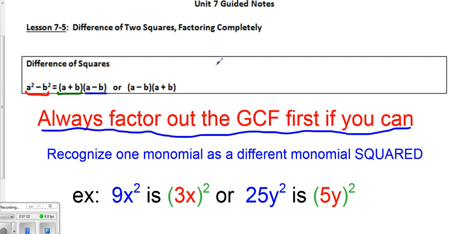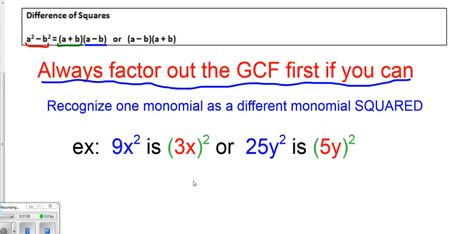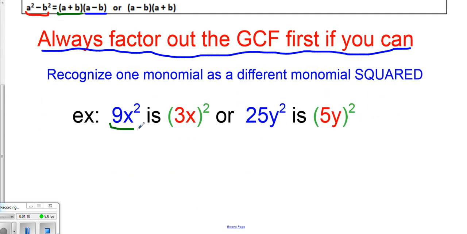Now, the biggest part of what we're going to be doing today is, first off, recognizing one monomial as a different monomial squared. So, for example, 9x squared is like saying this monomial, 3x, squared. It's like this whole thing is being squared.